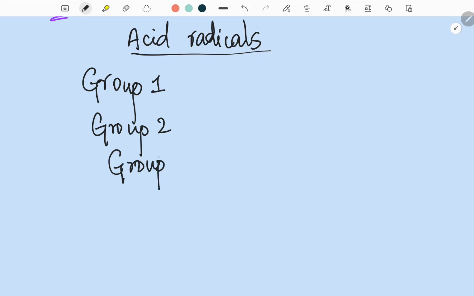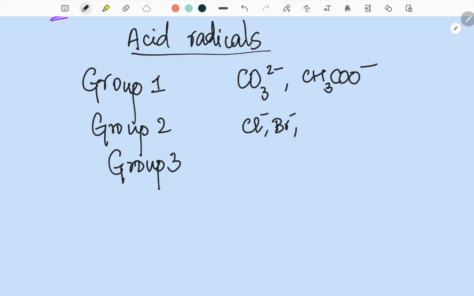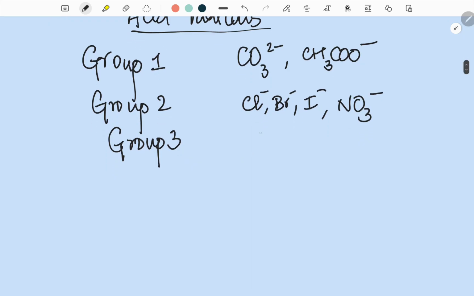Now, in group 1, you have carbonate ion and acetate ion. In group 2, you have chloride, bromide, iodide, and nitrate ion. In group 3, you have sulfate and phosphate.